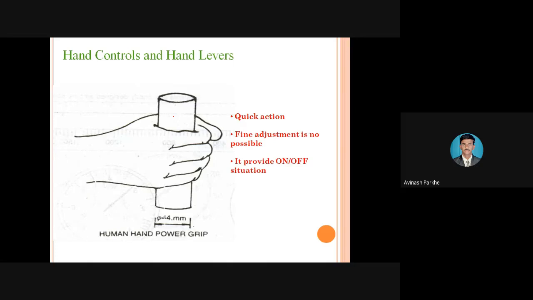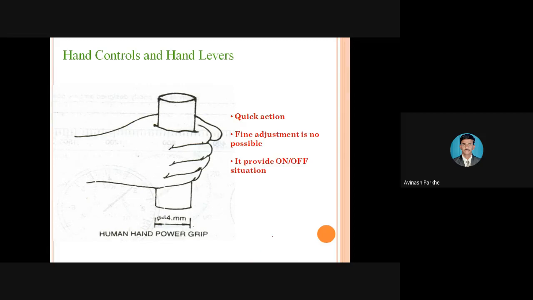Also, during handling this particular lever, what is the requirement? There should not be any fatigue or any stress to that particular operator. That means that operator can easily handle this lever, maybe in the forward direction, maybe in the backward direction, maybe at the right side or maybe at the left side. That means without any fatigue, if I can handle this lever properly, ergonomics factors are considered.